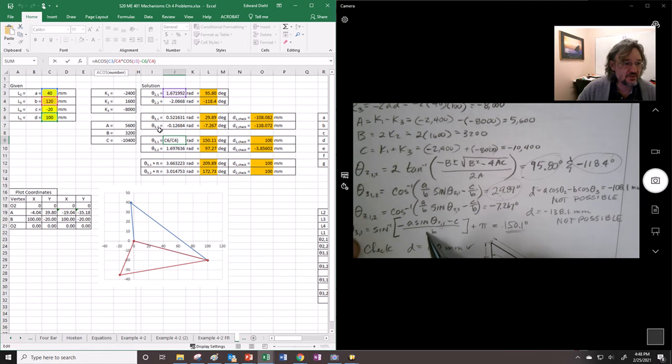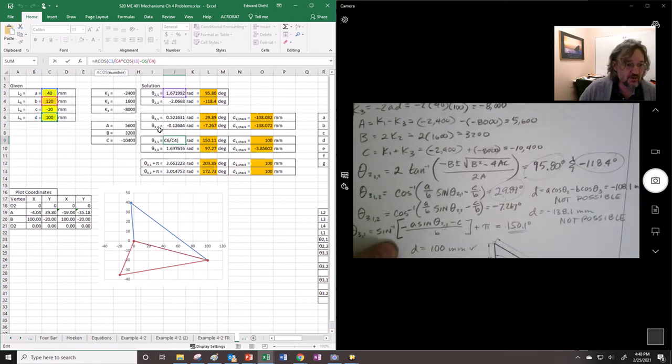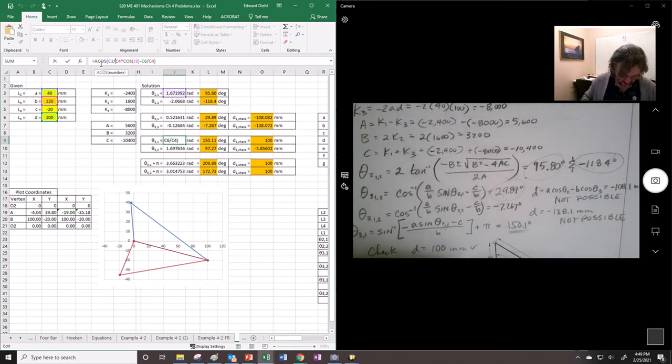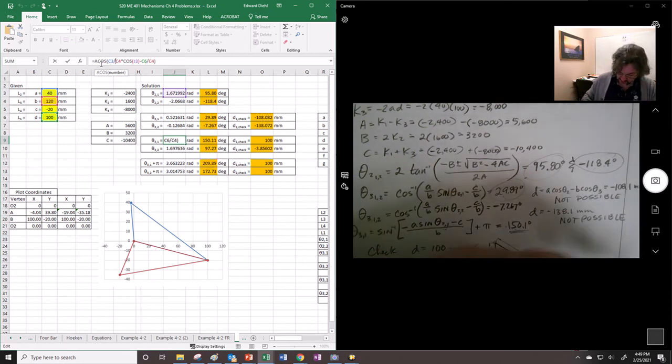Okay, so this one, wait, I gotta take this back. I actually used the cosine into this right here. So I went the cosine. I want to take a look at my book here. Did I take the cosine?